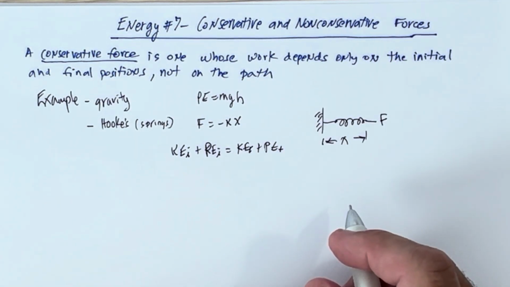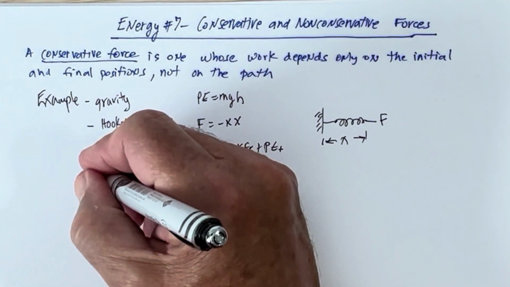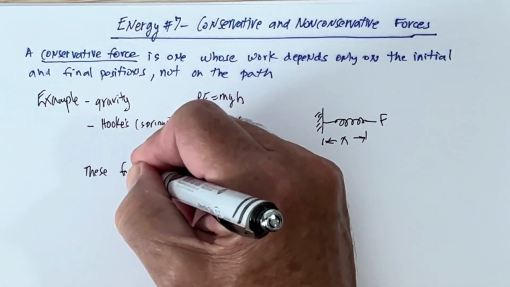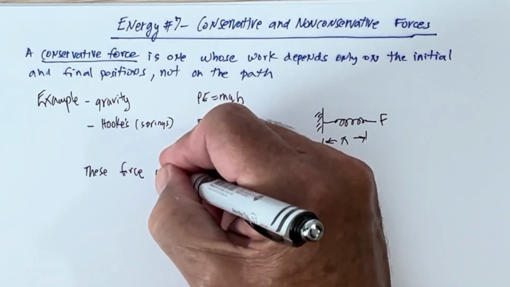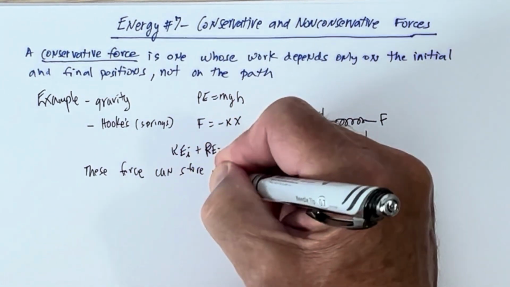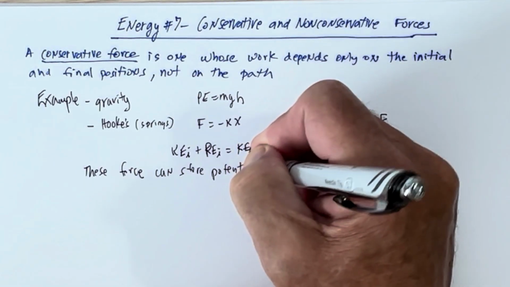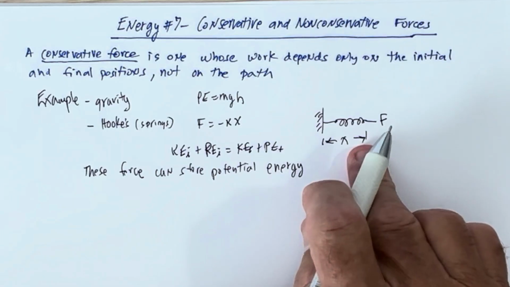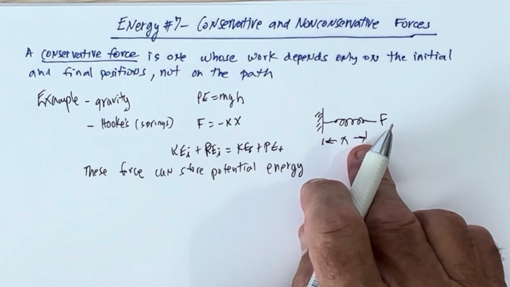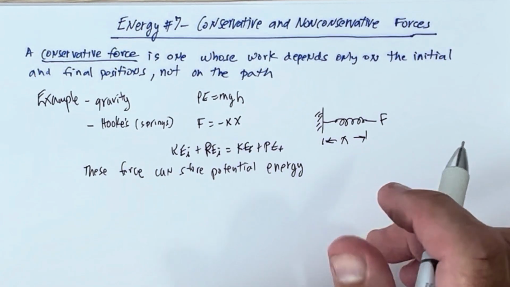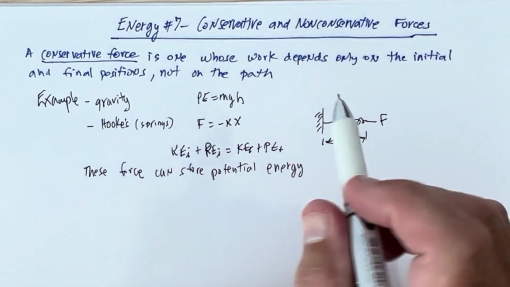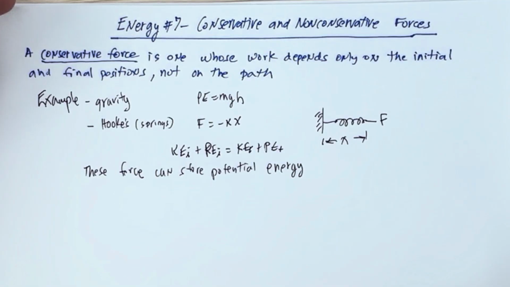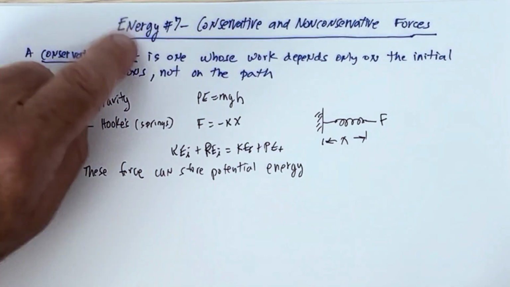So for these forces, conservative forces can store potential energy, like in the spring case, or in the gravity, or distance from the sun, or from the center of the Earth. So that's one major class, conservative forces. Now, don't get that confused with conservation of energy, because that's a related concept, but this is a type of force.